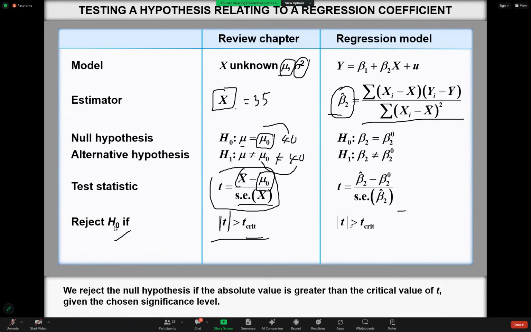Then if the t value is greater than the critical value, we reject the null. Okay. Then I think you better write down these things. Y equals this one and these two and this.